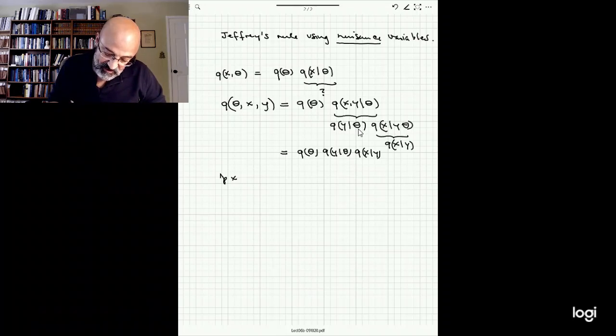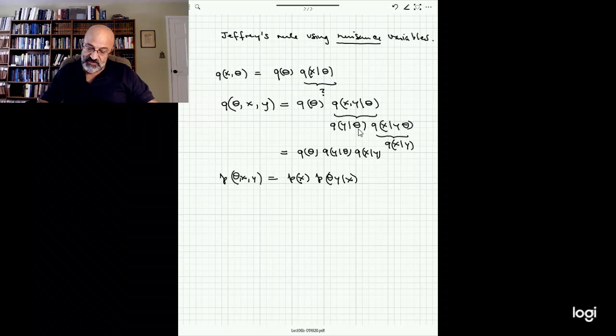And so now when we do the update, for the joint of theta, x, y, we still proceed in exactly the same way. We say, well, we have p(x) and p(theta, y | x).